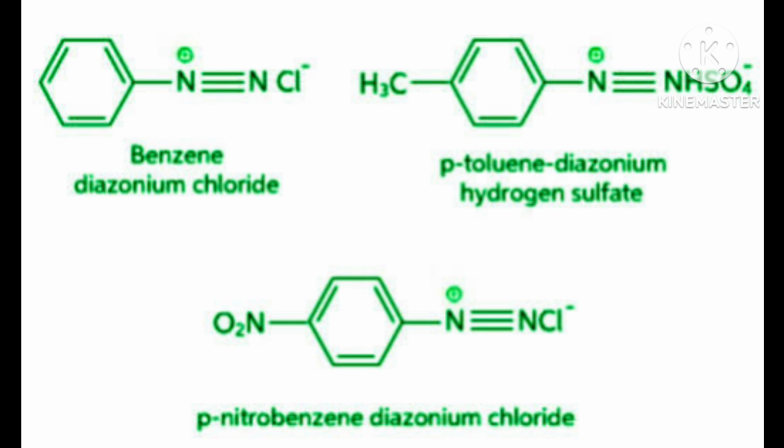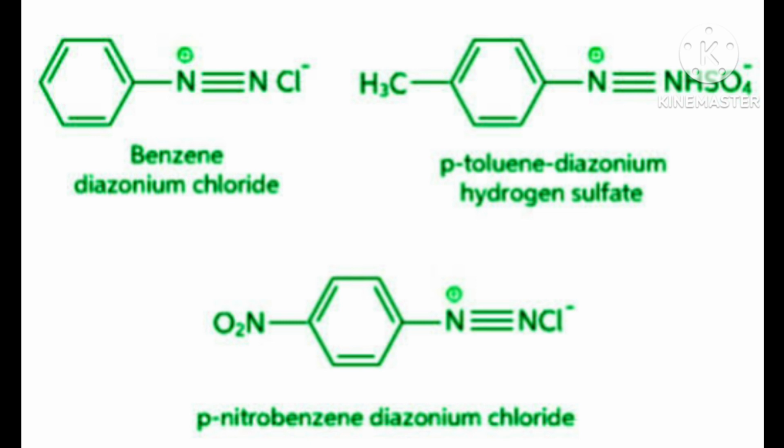Primary aliphatic amines form highly unstable alkyl diazonium salts. Primary aromatic amines form arene diazonium salts, which are stable.